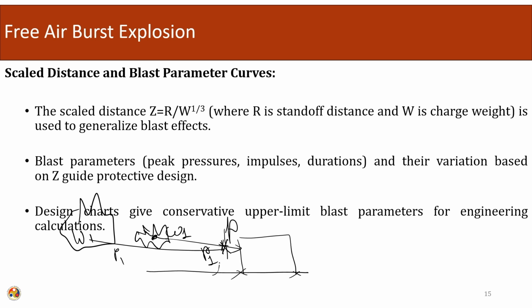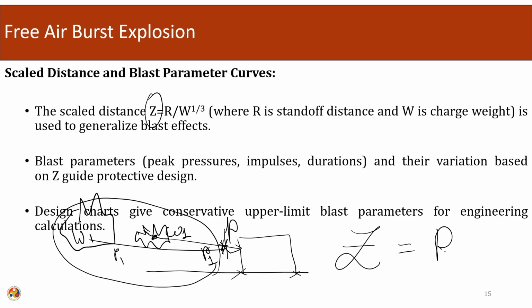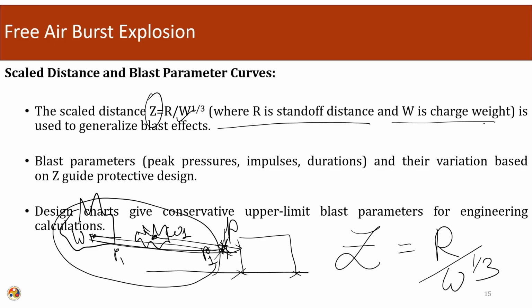So, in order to have this equivalency, a term is used that is called the scale distance, a parameter Z, which is a function of R, that is the perpendicular distance, and weight W, that is the amount of charge, where R is called the standoff distance, that is the perpendicular distance between the charge and the point at which it is measured, and W is the charge weight.